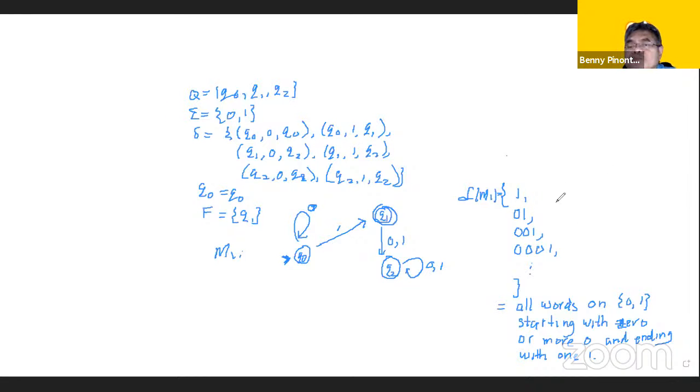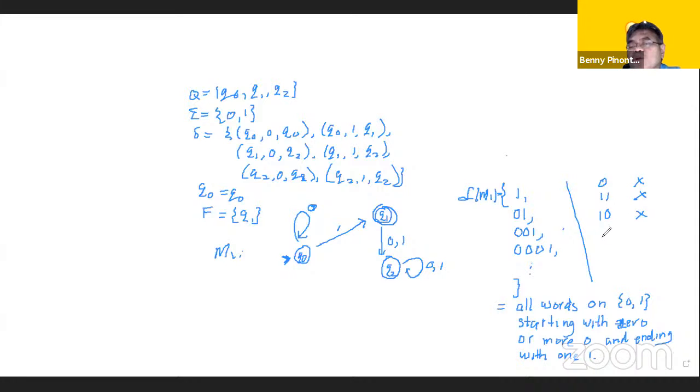Now, this one is not accepted because it has 2 ones, and this one is also not accepted. This one is not accepted also.